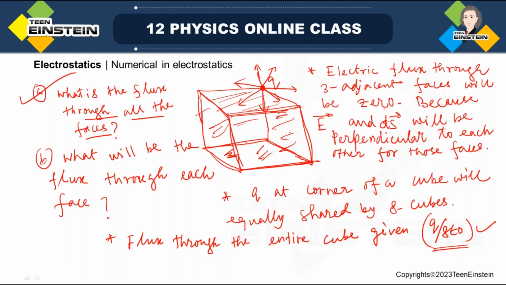So the total flux is q by 8 epsilon 0, and the flux through each will be q by 8 epsilon 0 into 1 over 3, that is q by 24 epsilon 0.